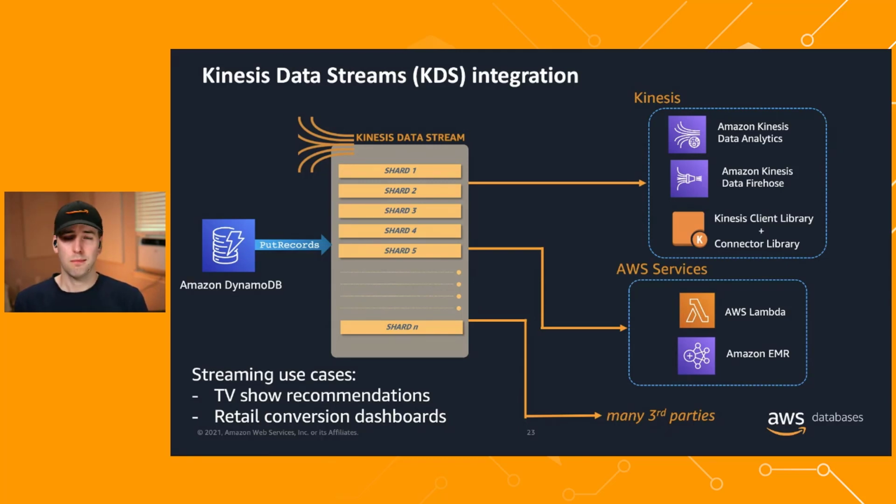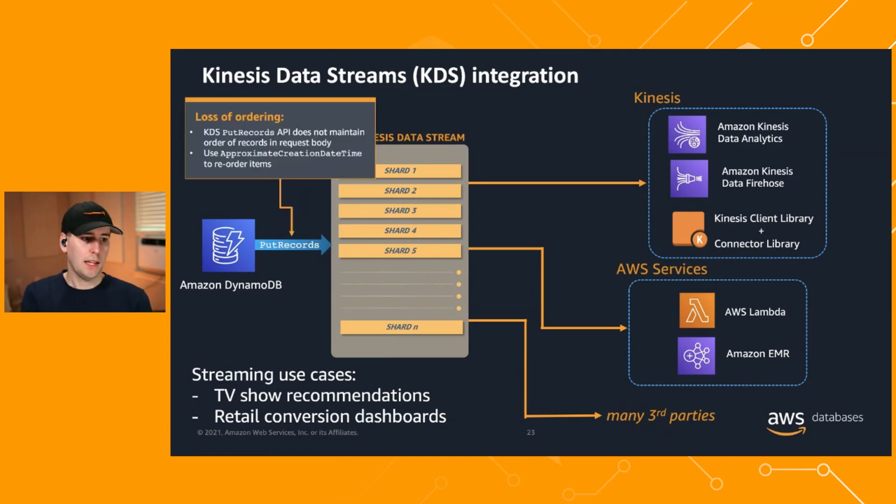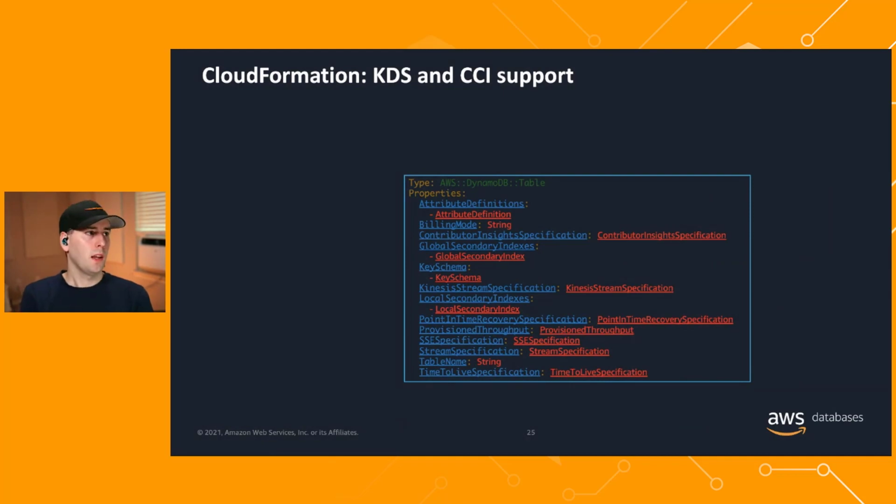And for that matter, EMR and Hadoop have a huge ecosystem, so there are many different third parties that already have integrations to stream data or pull data off the Kinesis data stream. So that's a really cool feature, and now with one line of code, you can add that to your DynamoDB table.